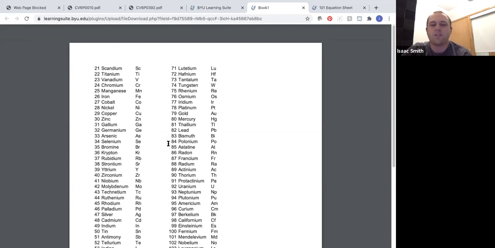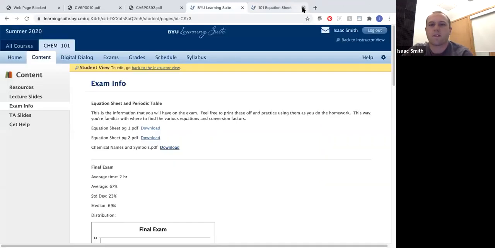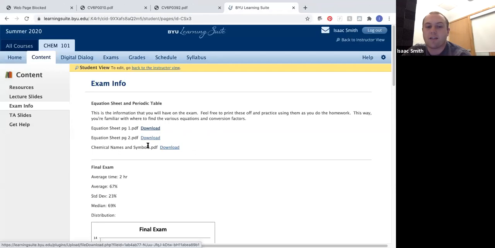So you can use this as a resource if you want, but elements 1 through 20, you need to have memorized before the test. And when you're using these sheets on the test, obviously you can't write on them or anything like that, right? It's just what comes printed off is what you should be using.